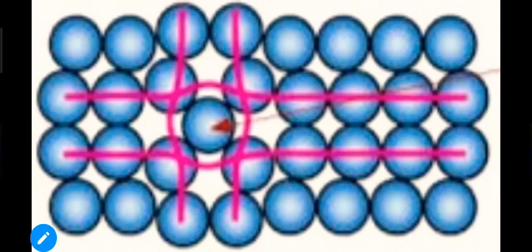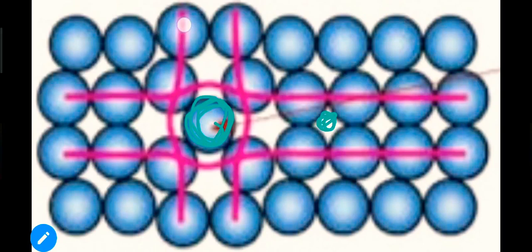So this is an example of interstitial defect. As you can see, this particle occupies an interstitial site, and because it occupies an interstitial site, that means actually it should be a void like this. So it is present inside the void, but because of the larger size of this particle, it is bigger than the actual void, so it will mutate the space or arrangement around it.